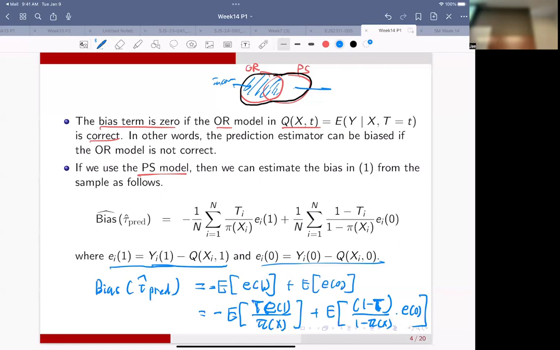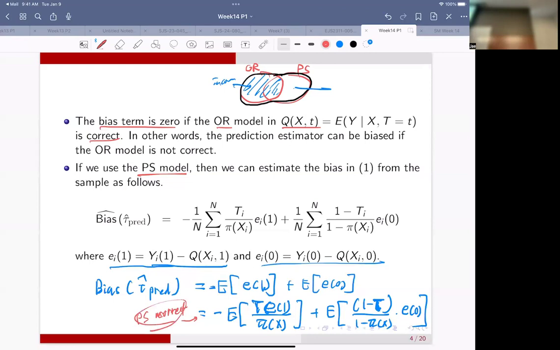So this equality is true when the PS model is correct, right? If the PS model is correct, then I can use this equality.